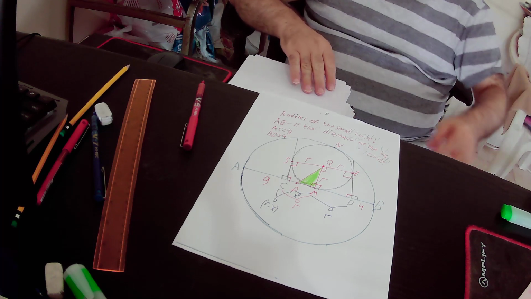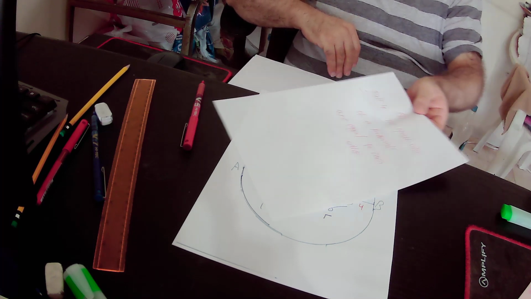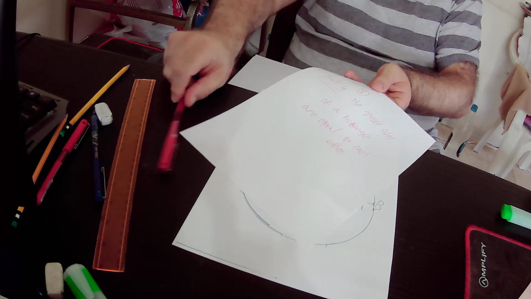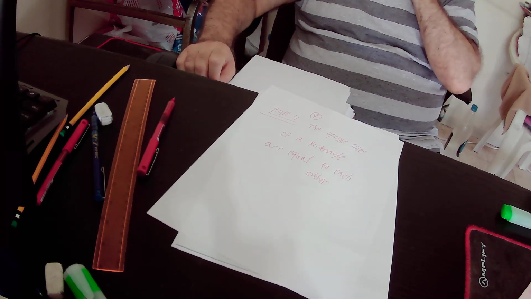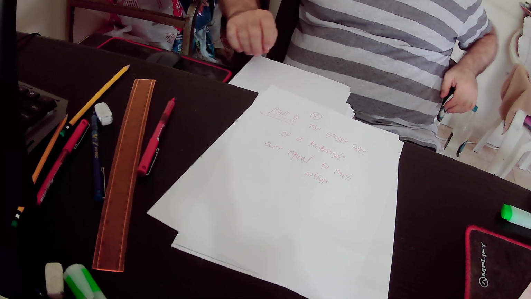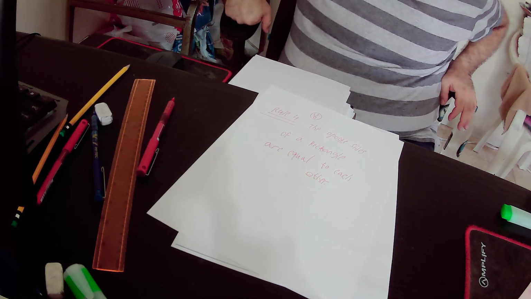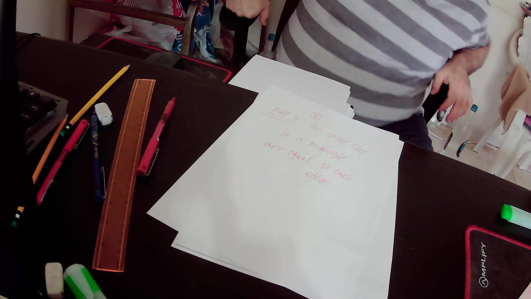And we also have rule number 4, which states that the opposite sides of a rectangle are equal to each other.